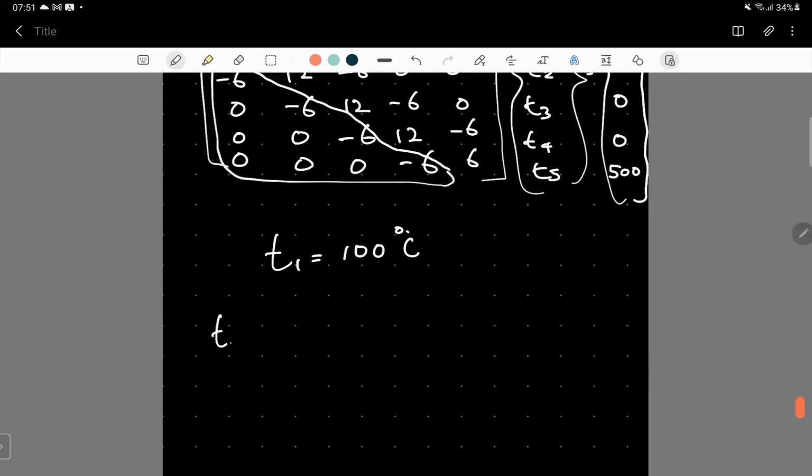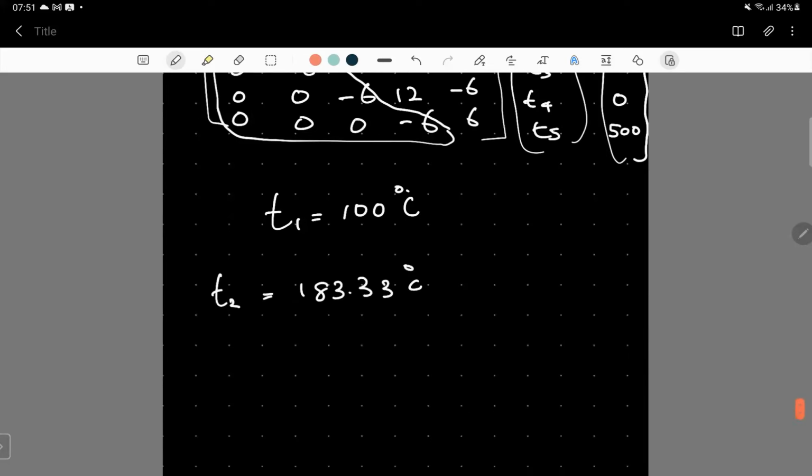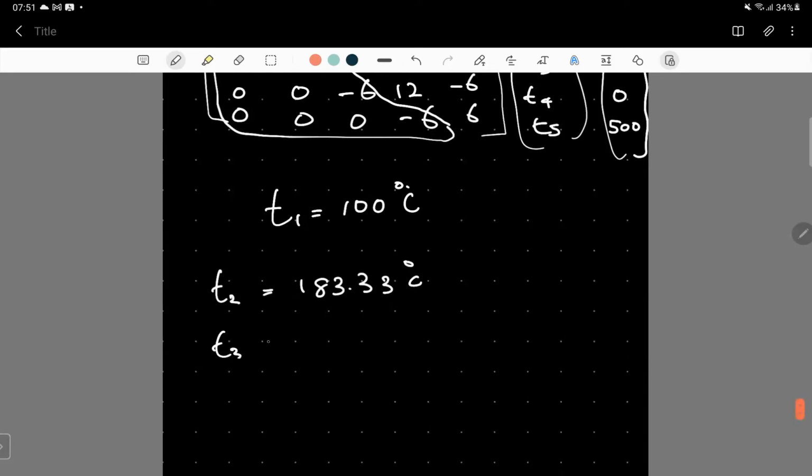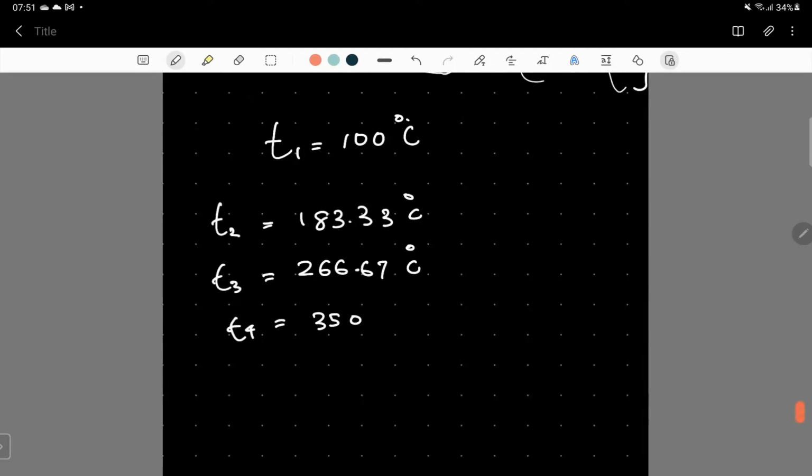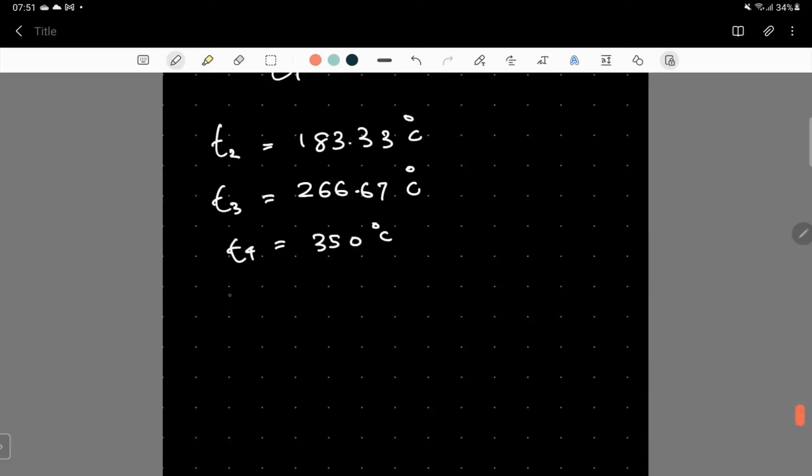So T2 would be, if you do the math right, 183.33 Celsius degrees. T3 266.767 Celsius degrees. T4 350 Celsius degrees, and T5 433.33 Celsius degrees.